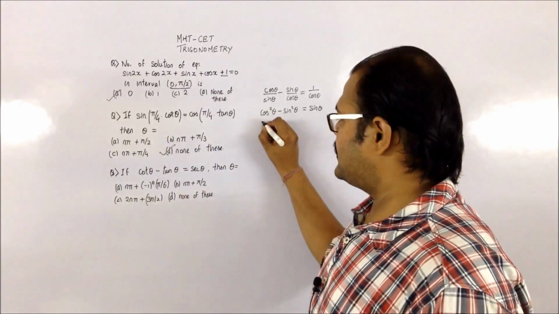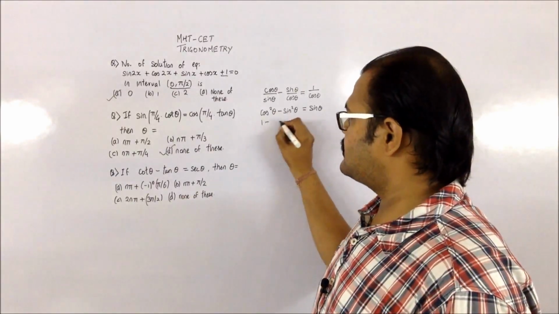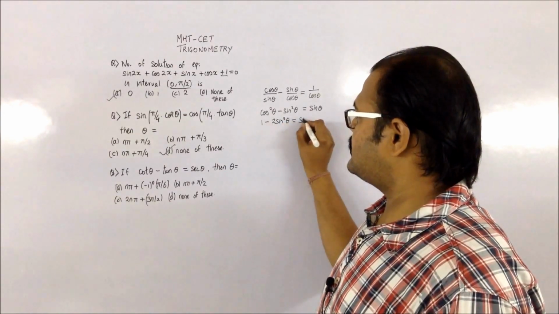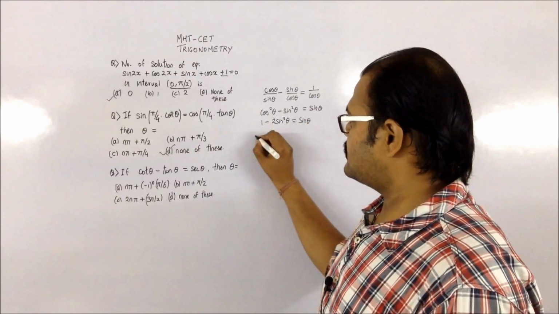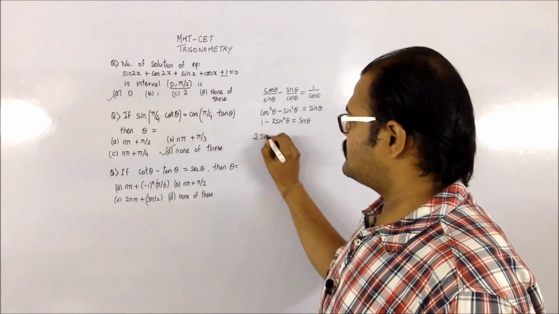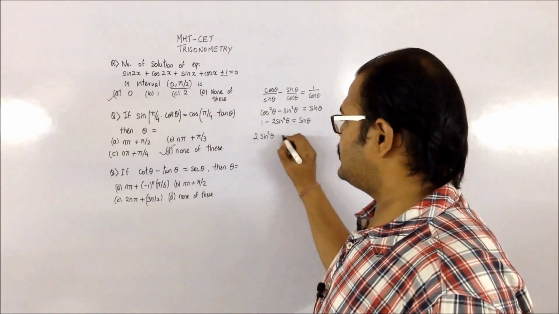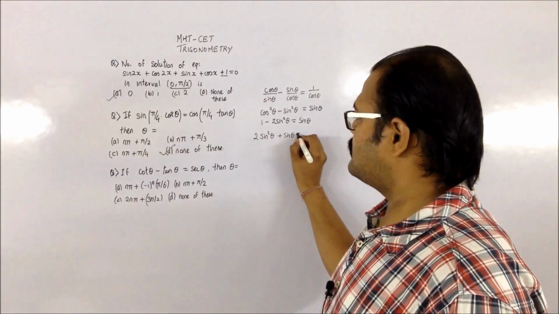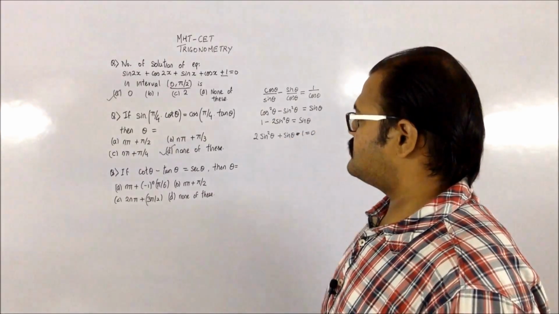So what you will be getting is 1 minus 2 sine square theta equals sine theta. If I rearrange the terms, I will be getting 2 sine square theta plus sine theta minus 1 equals 0.